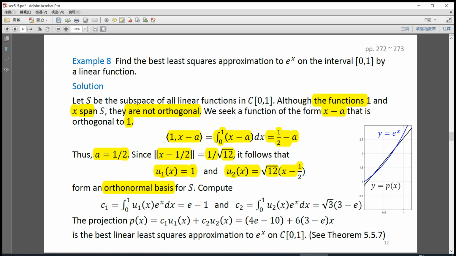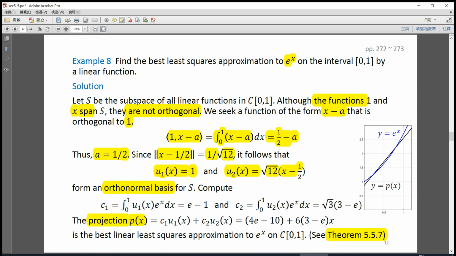Now we have already constructed the orthonormal basis. Then we can use Theorem 5.5.7 to compute the projection p of x of the natural exponential function onto the subspace of linear functions.